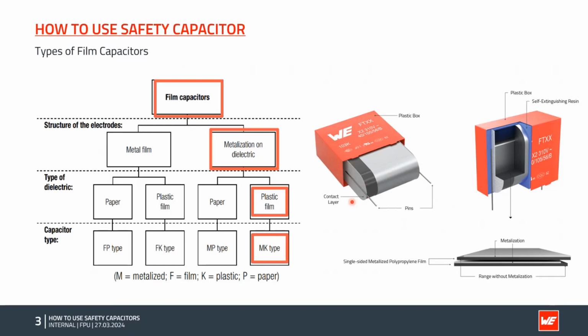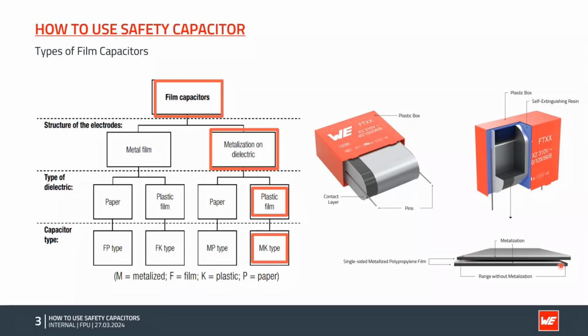Then you have your contact layer, so a choke layer. So you spray some metal on the contacts or on the wound element. And then you have your pin, and then it's the finished element, and you put it in a box and put some epoxy around to seal it.